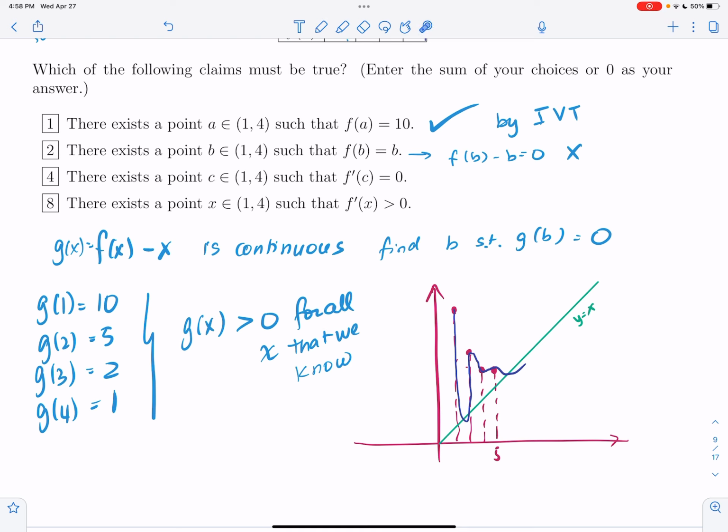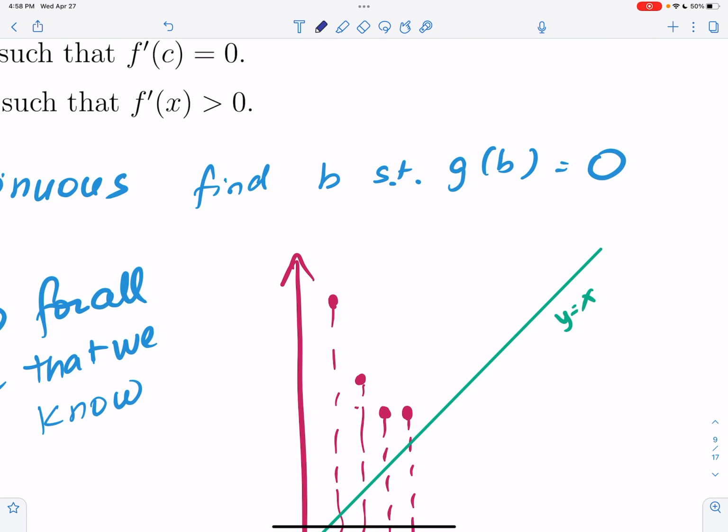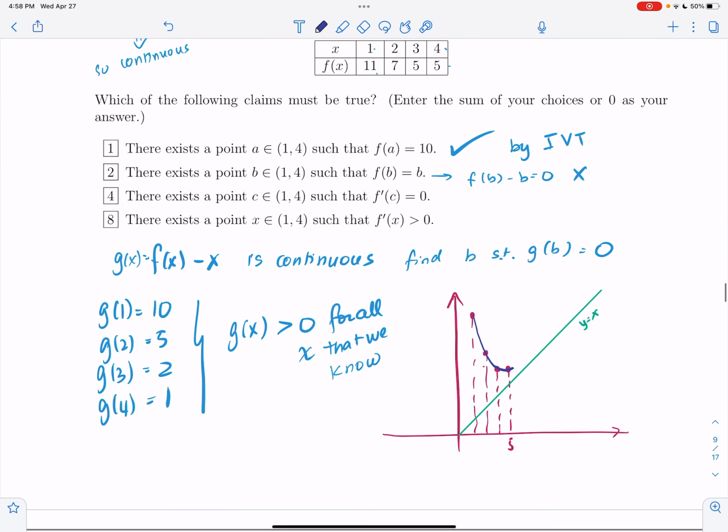We don't know. It could just be that the function is just above that green line. Okay, so we can't tell that. So you cannot guarantee that. Graphically too, you can see.